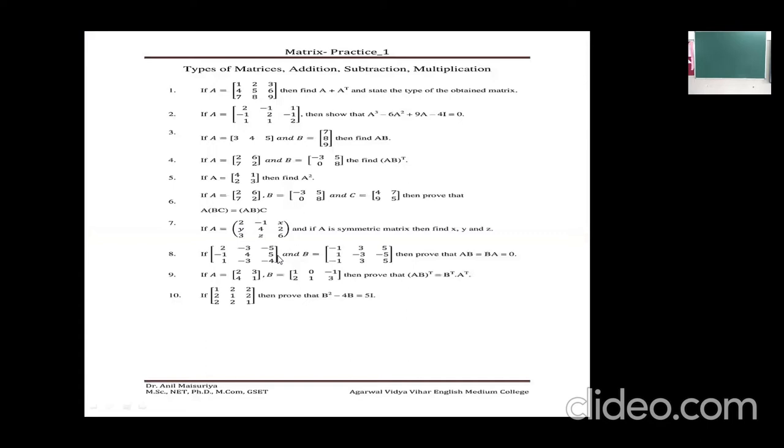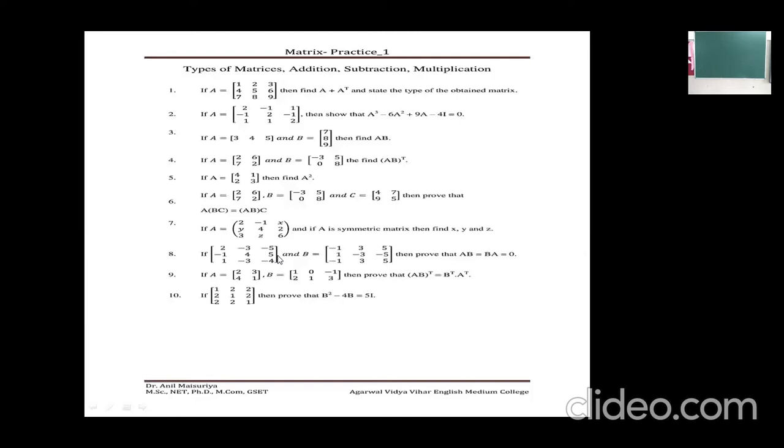The first question is: if matrix A is 1, 2, 3, 4, 5, 6, 7, 8, 9, so here the order of this matrix is 3 by 3 because there are 3 rows and 3 columns, then find A plus A transpose and state the type of the obtained matrix.